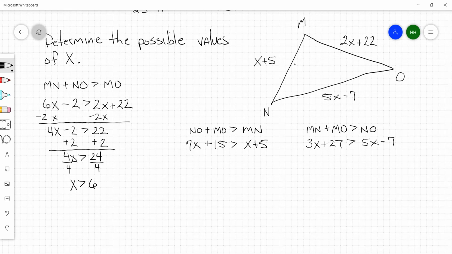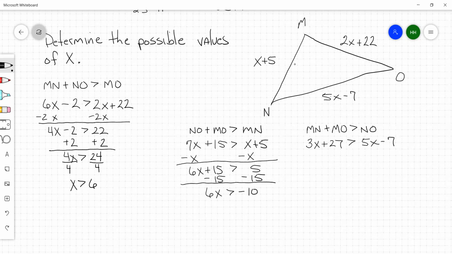Middle inequality, I'm going to subtract x from each side. 6x plus 15 greater than 5. Subtract 15. 6x is greater than negative 10. Divide by 6. x greater than negative 5/3.